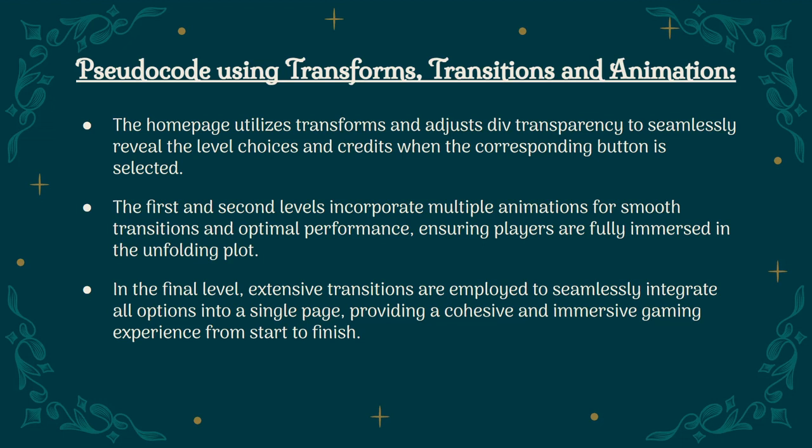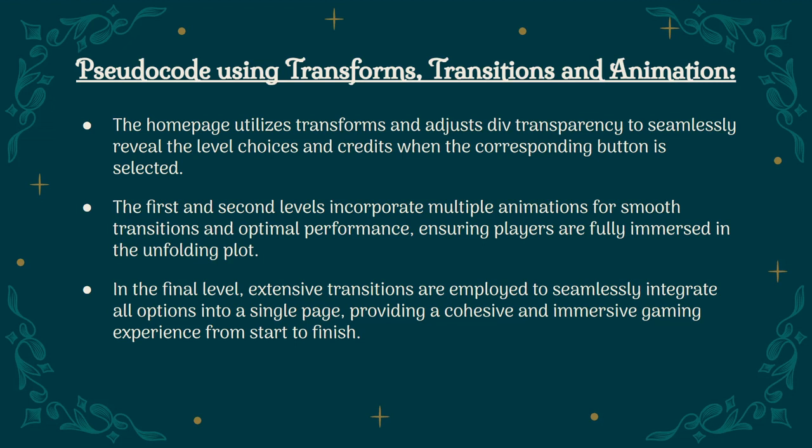The pseudocode for the transformations, transitions, and animations is as follows. For the home page, we utilized transformations and adjusted the div transparency to seamlessly reveal the level choices and credits when the corresponding button is selected.